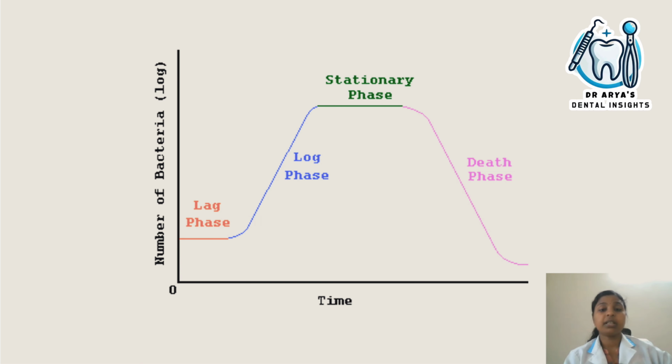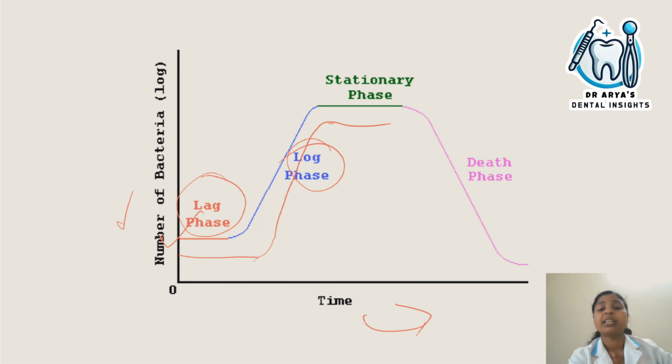So the bacterial growth curve consists of various phases. This is the number of bacteria and this is the time. So the first one is the lag phase. Then the log or exponential phase, so it is known as the log phase. Then another one is the rest phase, or it is known as the stationary phase.